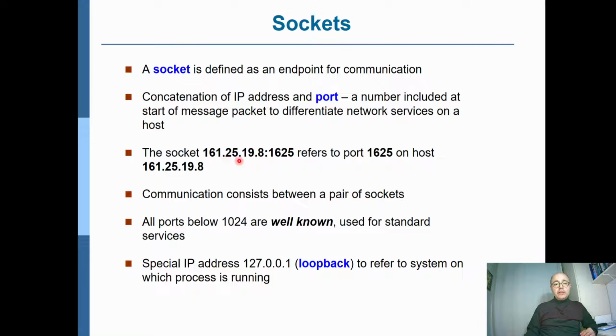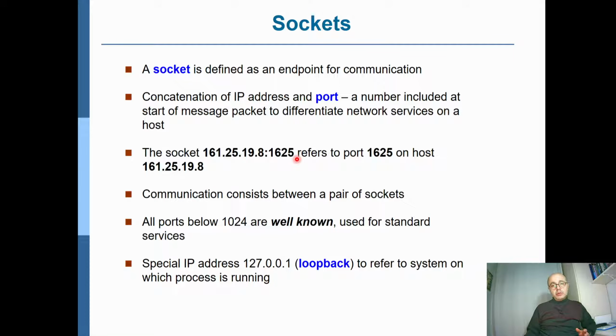We have 4 integers separated by 3 dots. So here, for example, the IP number is 161.25.19.8.